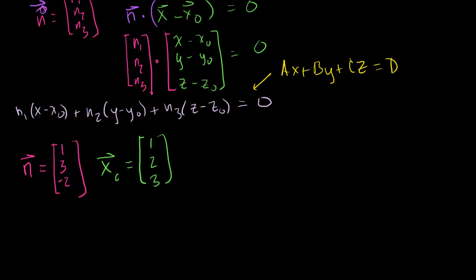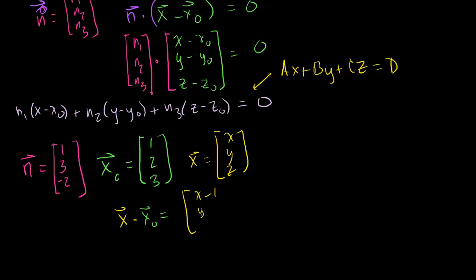Well, if I take any other point on that plane, x, y, z, the vector that's defined by the difference between these two is going to lie on the plane, right? This point and this point lie on the plane. So the difference between these two, the whole vector, will lie on the plane. So x minus x naught is equal to x minus 1, y minus 2, and then z minus 3.